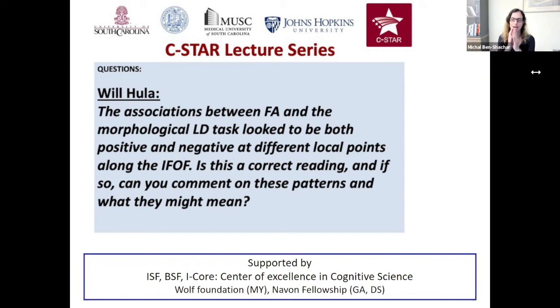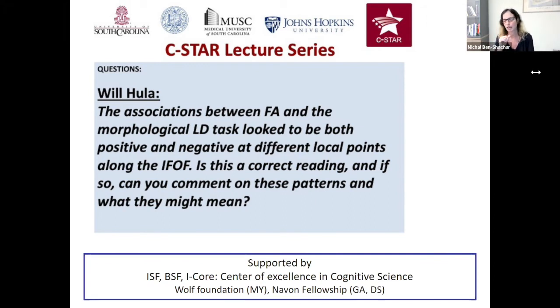I'm taking this more generally as, let's talk about direction of association. We didn't have a case where along the same pathway there is an alternation between positive and negative associations, but in different pathways, looking at different cognitive measures, sometimes there are negative associations, sometimes they're positive.